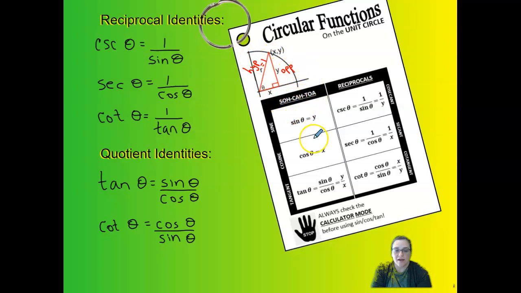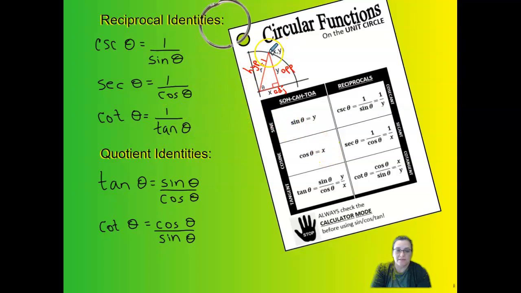Similarly, cosine is the adjacent side of the right triangle over the hypotenuse, which is the radius. That would be x over r on any size circle. But since the radius is 1 in a unit circle, the cosine of theta is just x, because x over 1 is x.